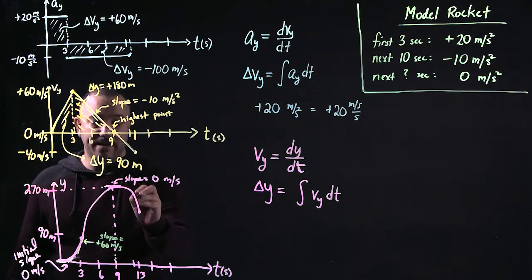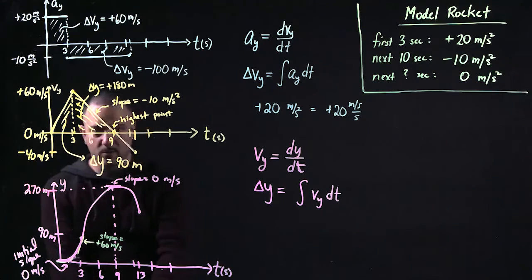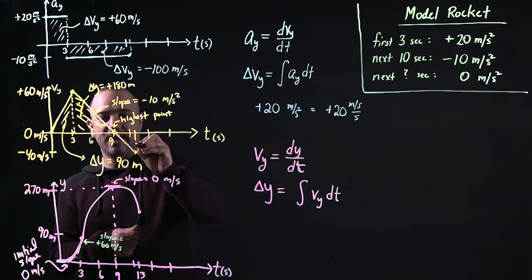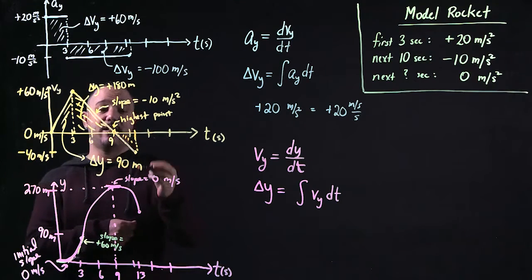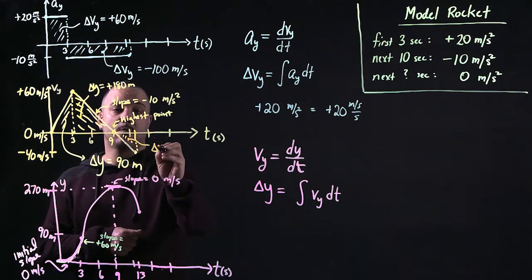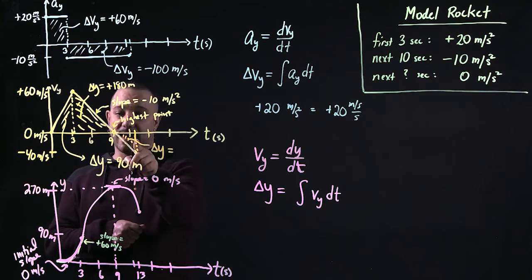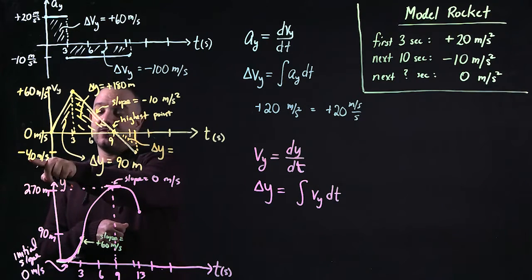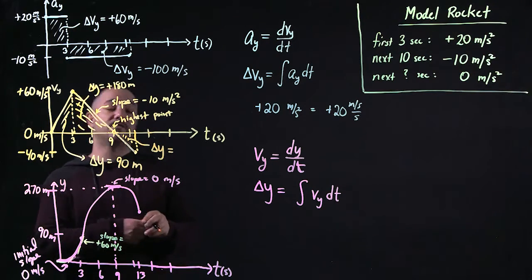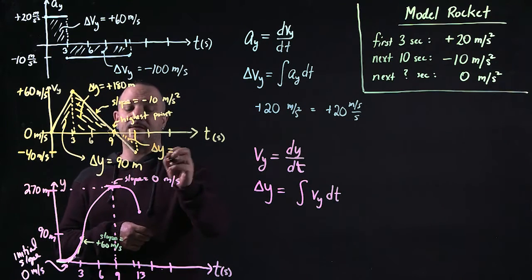And then on the way down, we want to know what height it is here. So we come over to our velocity curve and compute the area under the curve. Here we've got a little bit of negative area. The base here is 4 seconds, 9 to 13 is 4 seconds, and our height is negative 40, so 4 times negative 40 is negative 160, and it's a triangle, so we take half of that.